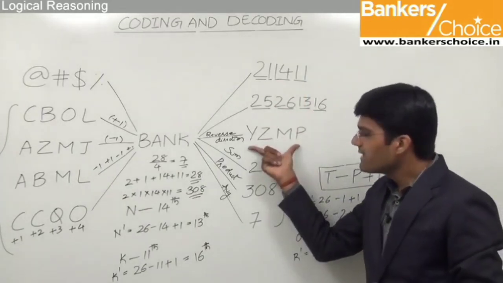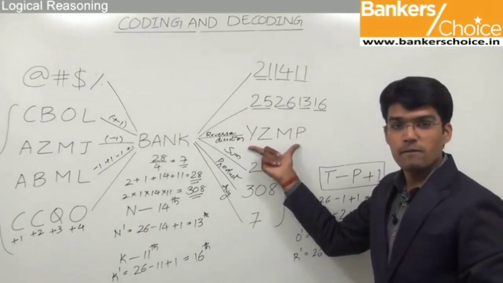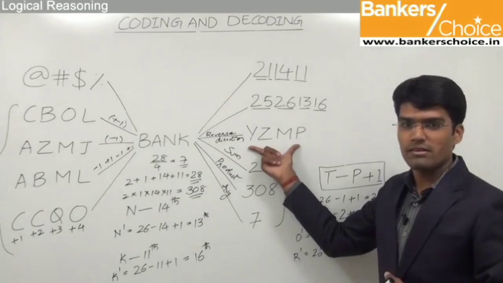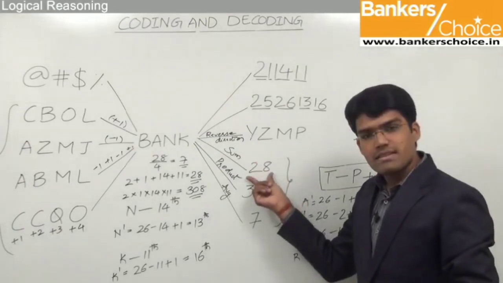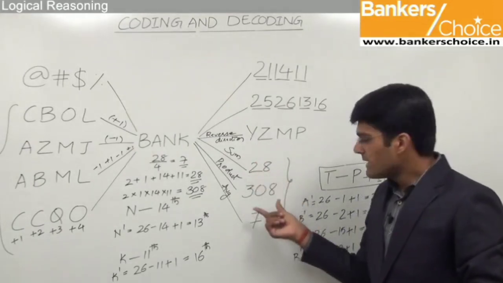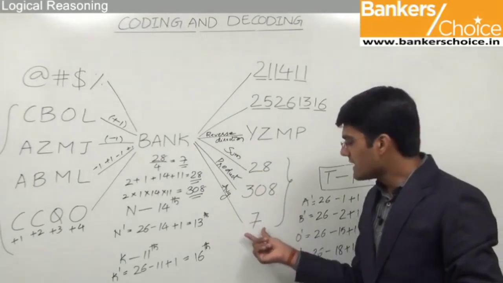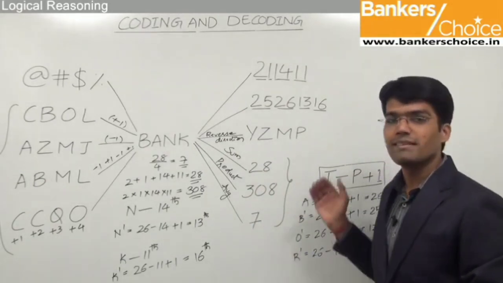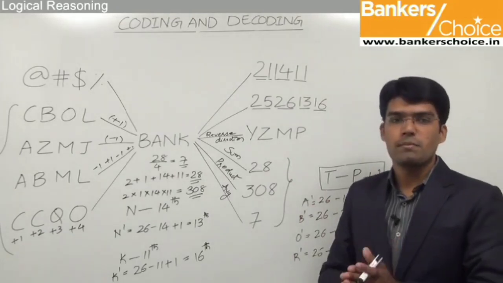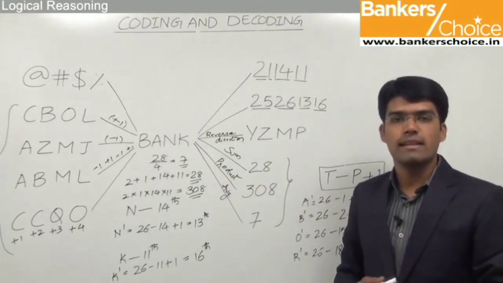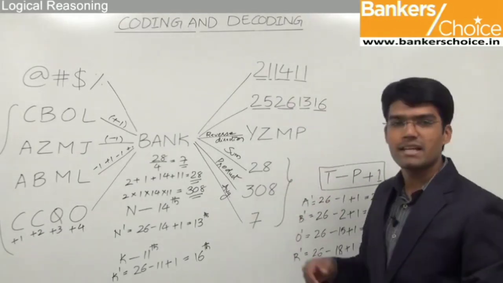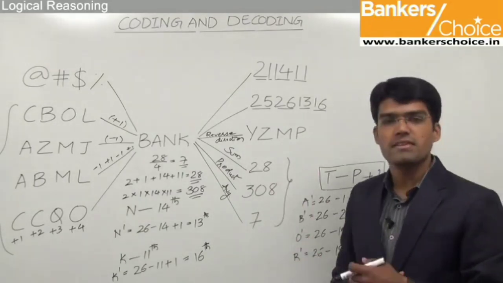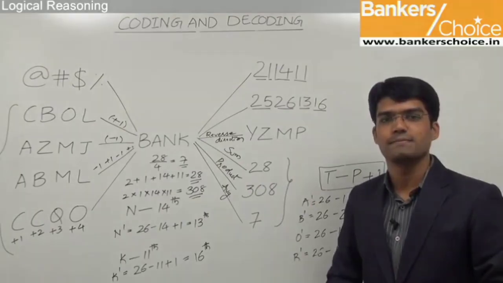In the third case, the letters have been replaced with those letters which come in the same position in the reverse alphabetical order. Next one is sum of the positions. This is the product of the positions, and the last one here is the average of the positions. So from this, it is very clear that we should be perfect with the positions of all the letters so that we can crack these kind of logics. Let us now take some examples based on the various logics that we have discussed just now.